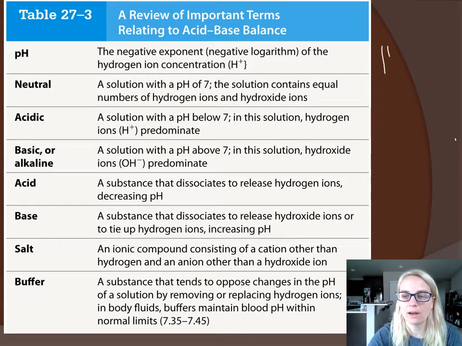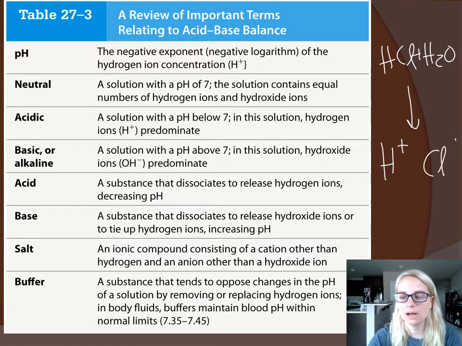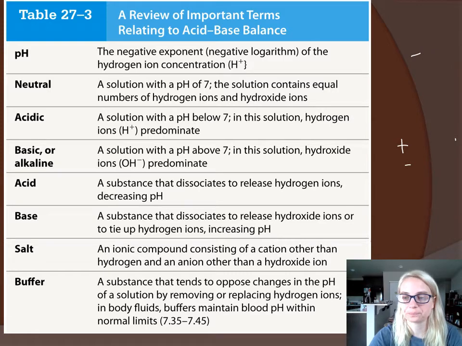Like hydrochloric acid, HCl. When that gets mixed with water, the hydrogen ions break apart, the chlorine ions break apart, and now you've increased your concentration of hydrogen ions. So it is an acid because the HCl breaks apart into hydrogen ions, increasing the number of hydrogen ions in solution.